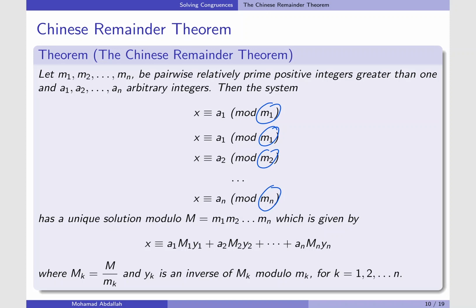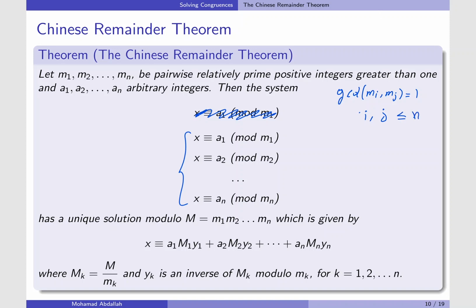What does that mean? It means that the GCD of m1 and m2, m1 and m3, m2 and m3, and so on, in general the GCD of mi and mj is equal to 1, for any i and j between 1 and n, and of course i not equal to j.